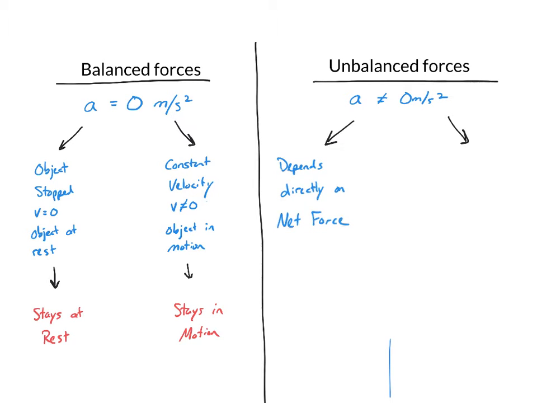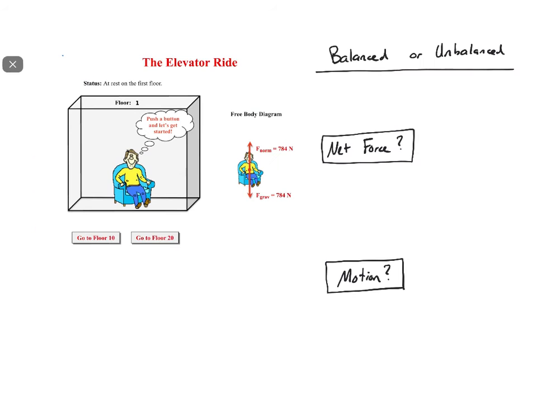So the greater the force, the greater the acceleration. The less the net force, the less the acceleration. Acceleration also depends, inversely, on the mass. So if there is a greater mass, the acceleration will be less for the same amount of force.